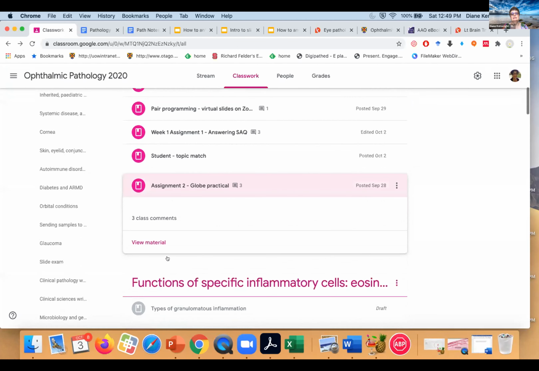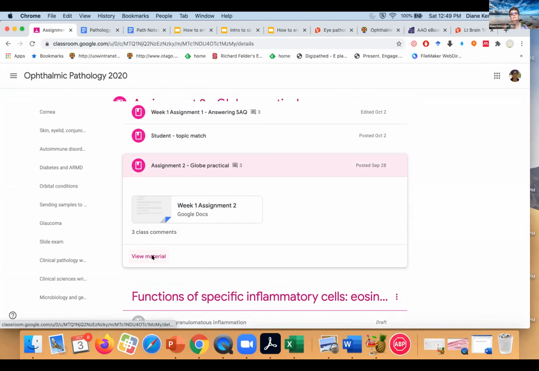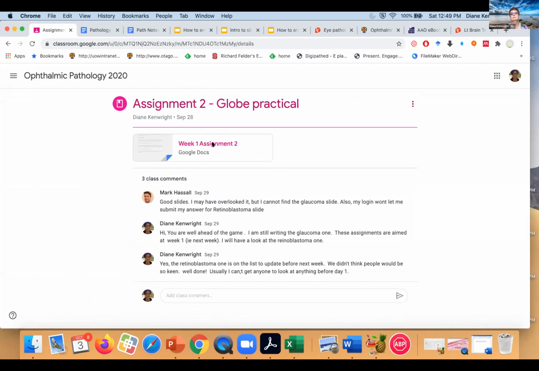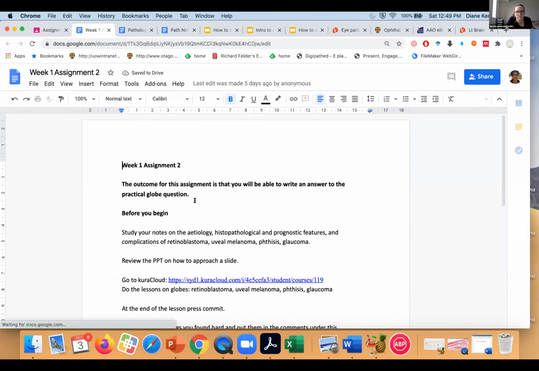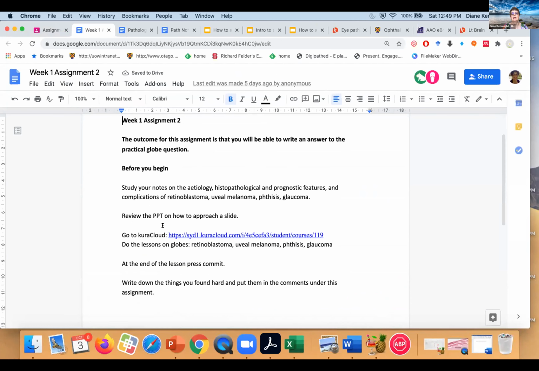And that is the globe practical, where I want you to go and look at Kura Cloud and do the globes that we've put up there. But before you begin, remember, you have to have that base knowledge. So I want you to study the etiology, pathogenesis.